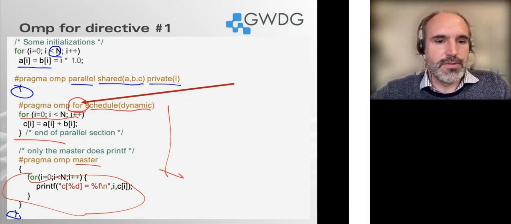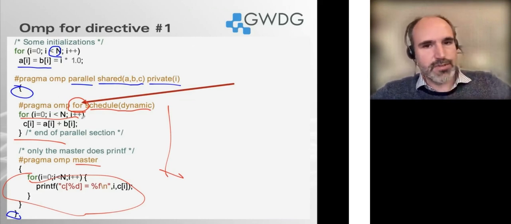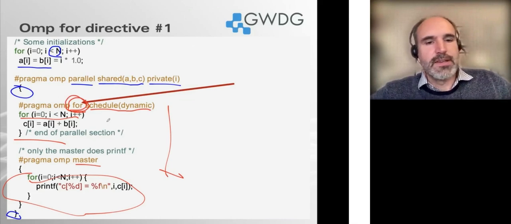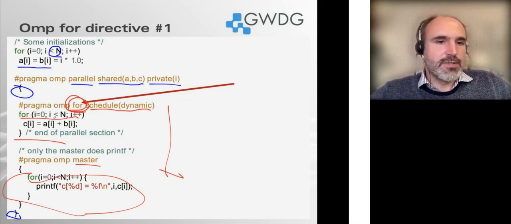Yes, i will be changed. Because it's private, and this directive for tells each thread at which i to start. So not all threads start at i equals 0. A thread starts on a given i.